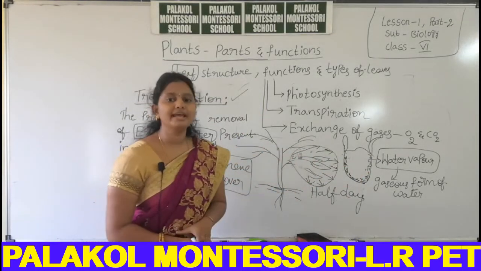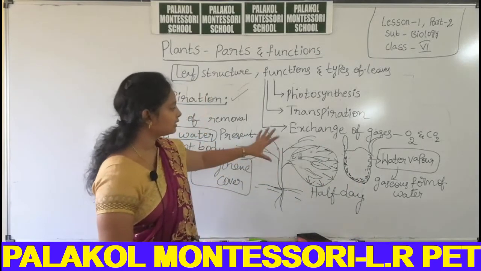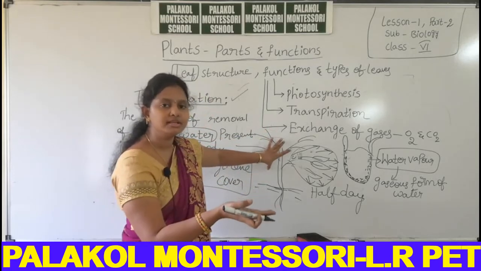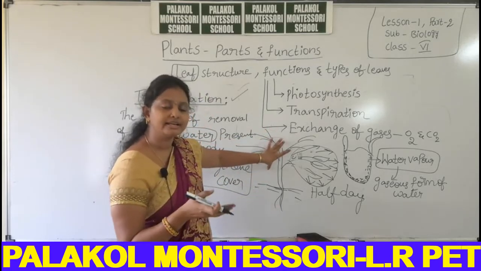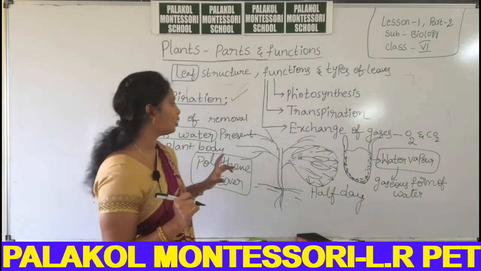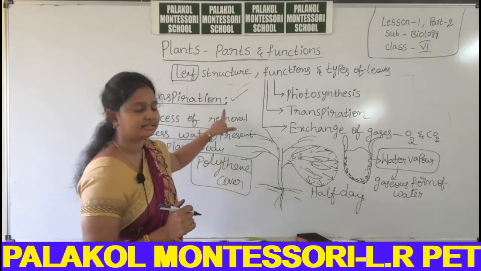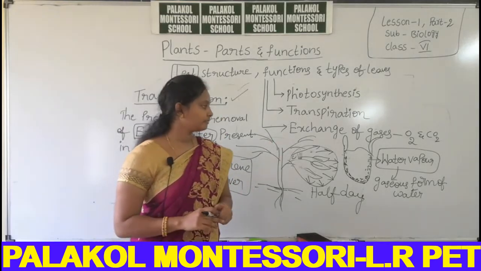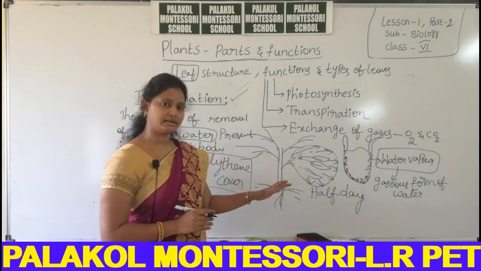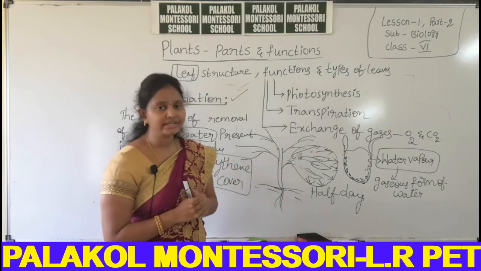So the plant body can remove its excess water through a phenomenon called transpiration. Up to here we concluded what transpiration is and the activity related to it.